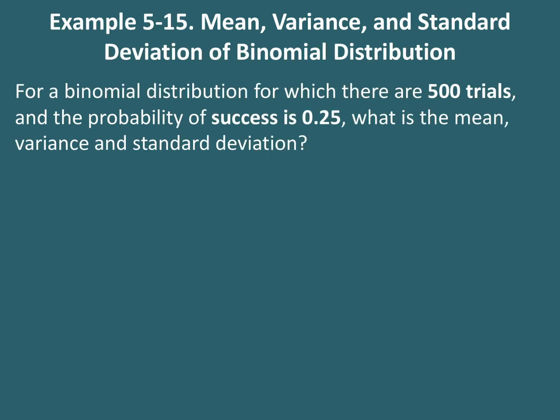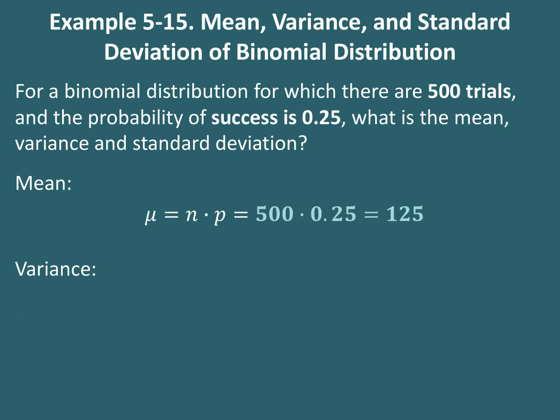Let's do another example. For a binomial distribution for which there are 500 trials and the probability of success is 0.25, what is the mean, variance, and standard deviation? Well, quite simply, for the mean, you multiply 500 times 0.25, and we get 125.